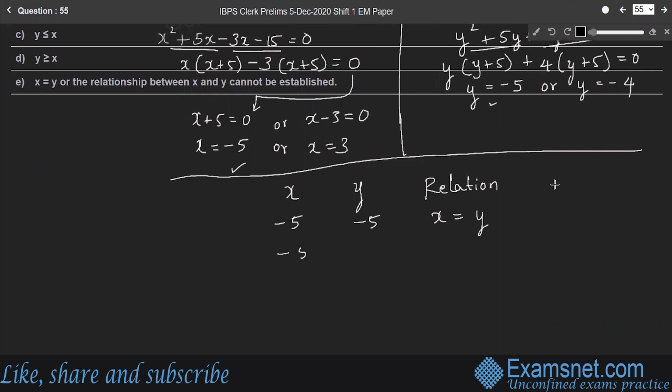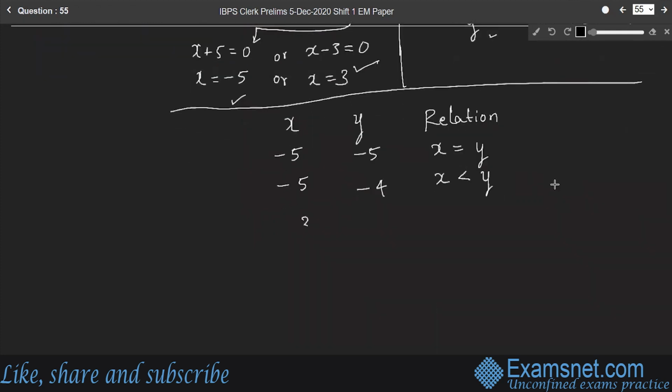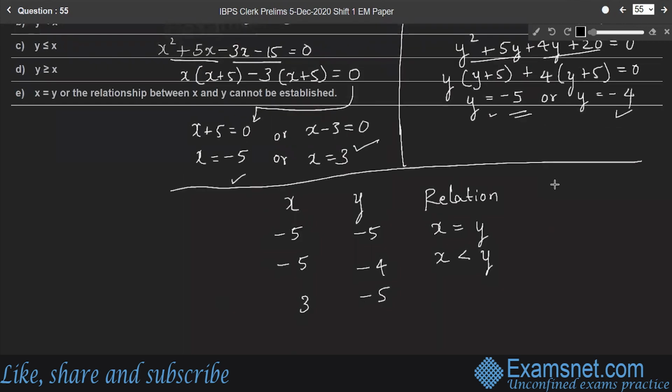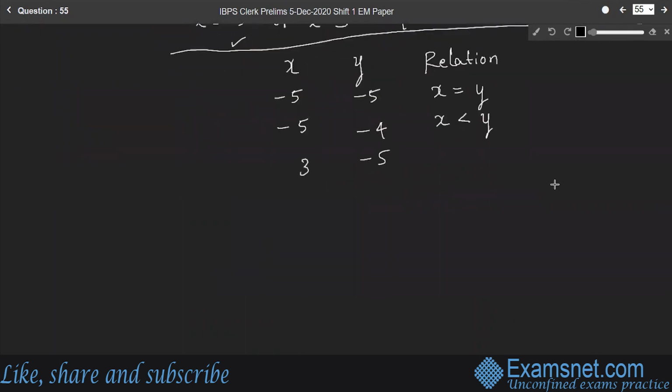If again x is minus 5 and y is minus 4, there x is less than y. For the value of x equal to 3 and y equal to minus 5, 3 is greater than minus 5, therefore x is greater than y.